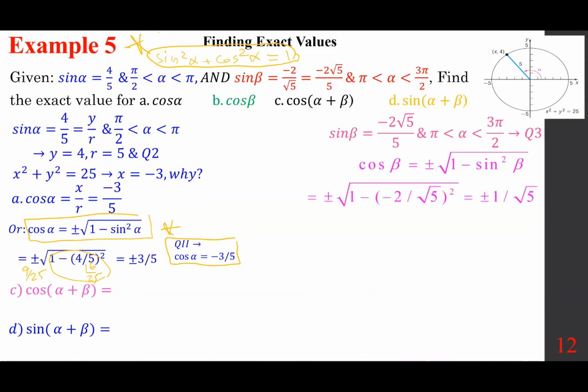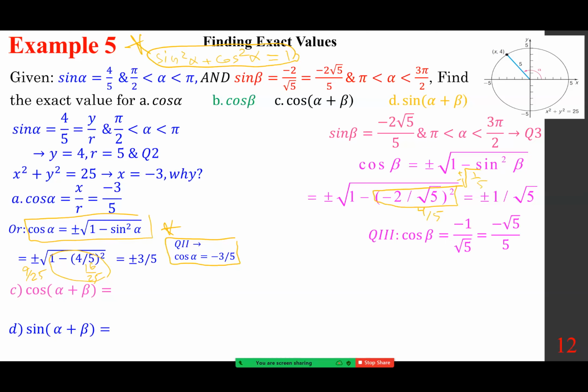When you square it, you get 4/5. And 1 minus that is 1/5. So you have the square root of, of course, plus minus 1/5. So plus minus 1 over the square root of 5, or minus square root of 5 over 5. Remember, in quadrant 3, it's negative.